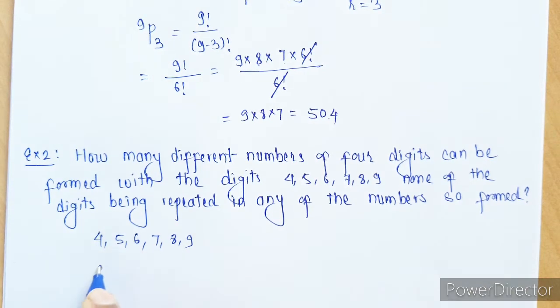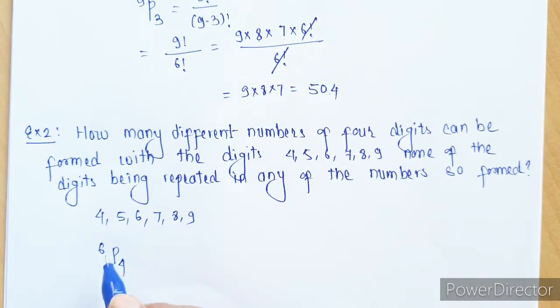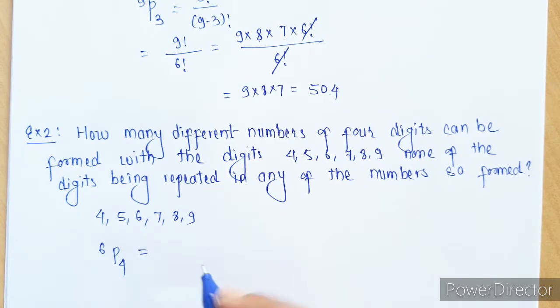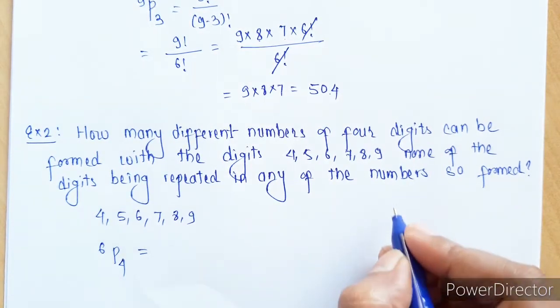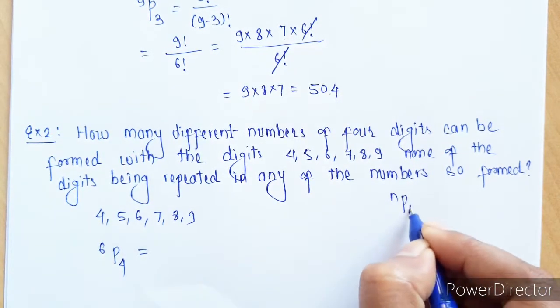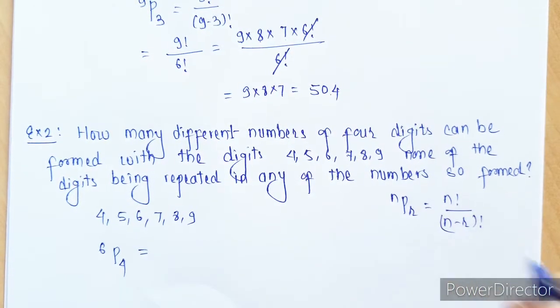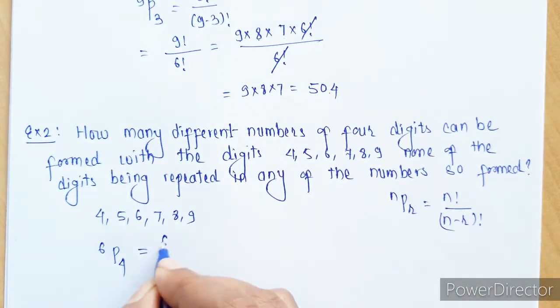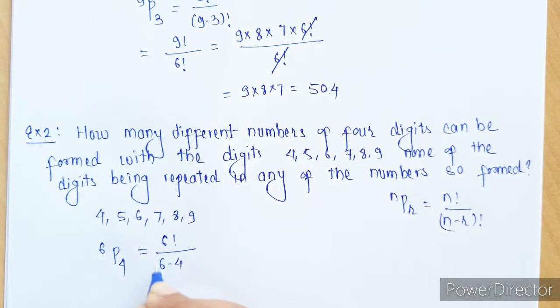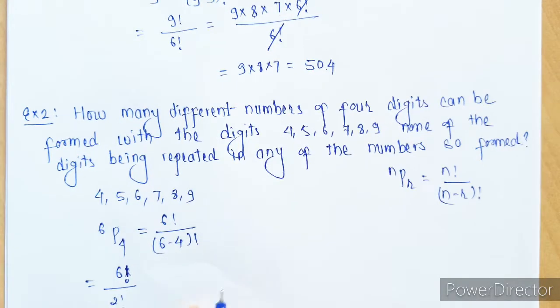So we can write this as 6P4. From 6 we are choosing any 4 digits. Let me write the formula here. nPr is nothing but n factorial upon n minus r factorial. So 6 factorial upon 6 minus 4 factorial, which is 6 factorial upon 2 factorial.